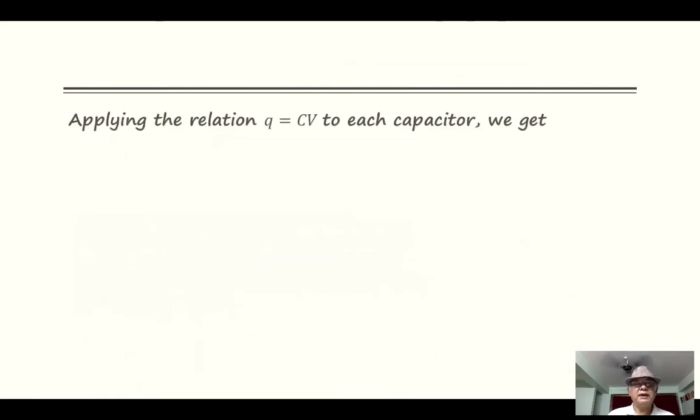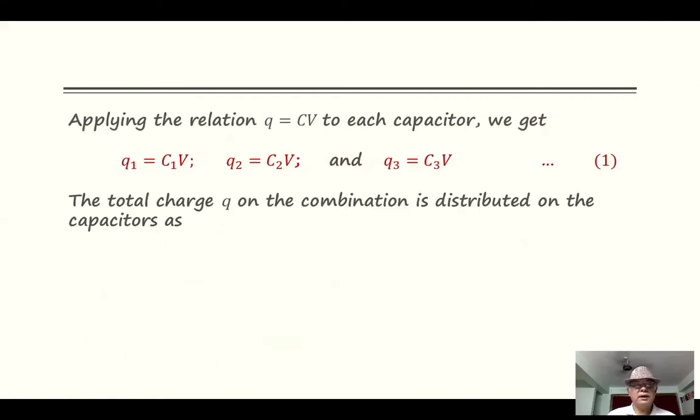Applying the relation Q equal to CV to each capacitor, we get Q1 equal to C1V, Q2 equal to C2V, and Q3 equal to C3V. We call it equation 1. The total charge Q on the combination is distributed on the capacitors as Q equal to Q1 plus Q2 plus Q3.